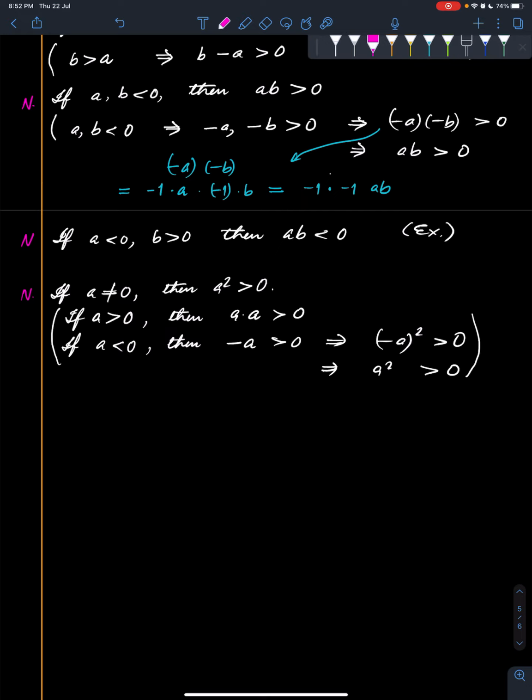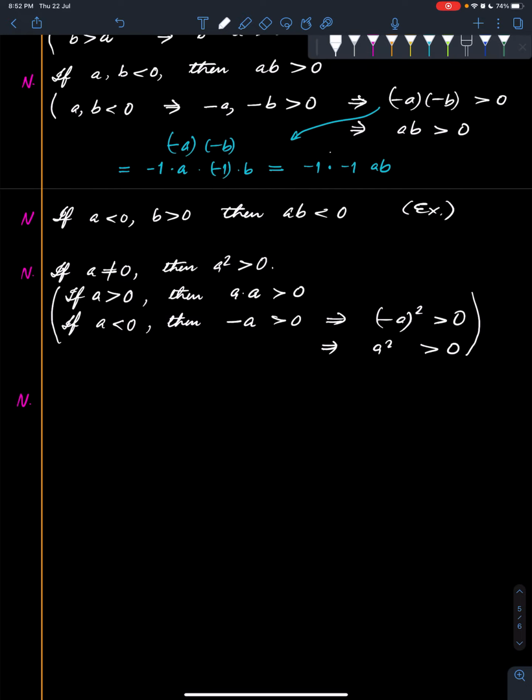All right. Another one is 1 is greater than 0, and this is the consequence of the previous one, because 1 square equals 1, and as we just noted, if you square something, it is always positive, provided it is not equal to 0. But this is not equal to 0, you can easily show.